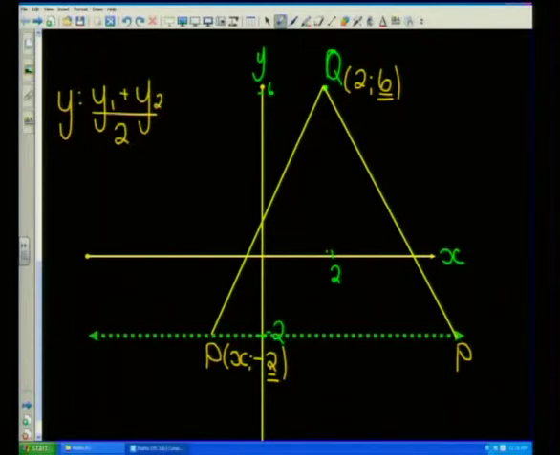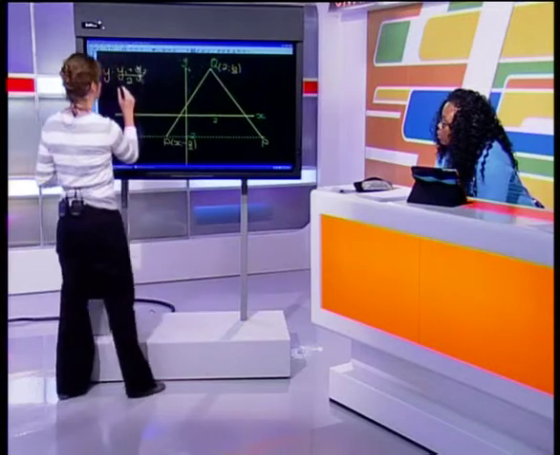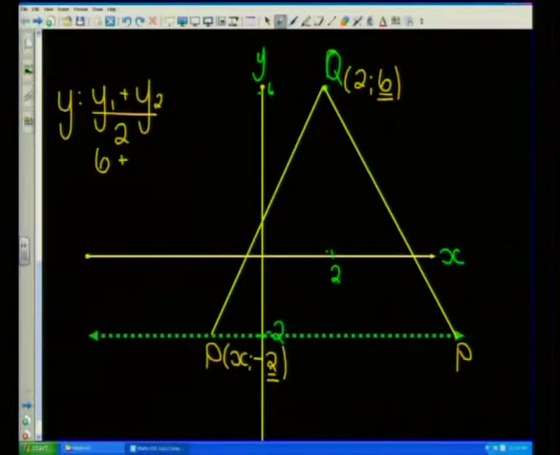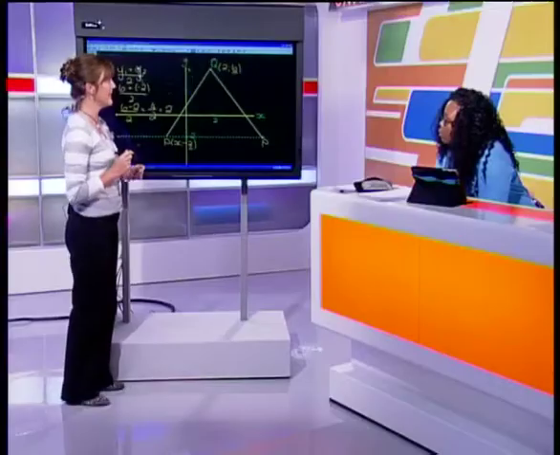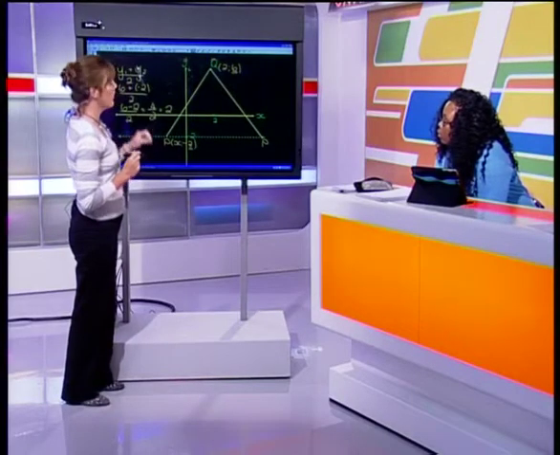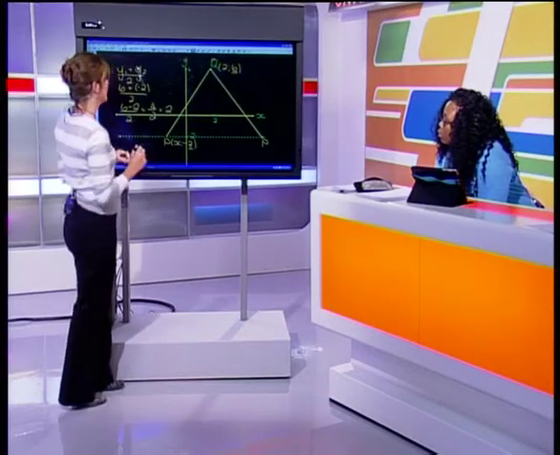You recognize that? So y1, let's say that that's 6, plus y2, which is -2, divided by 2. We are getting 6 minus 2, which is obviously 4, divided by 2. And 4 divided by 2 is 2. Okay, so the coordinate of our y midpoint is 2, okay?